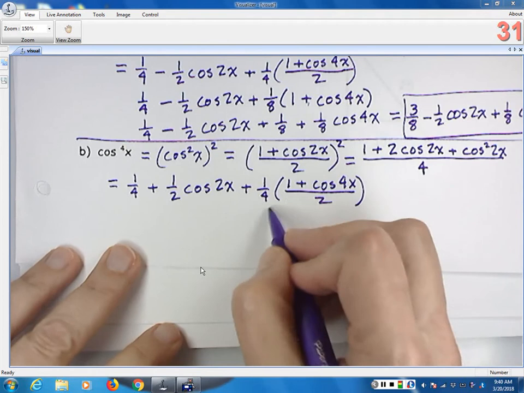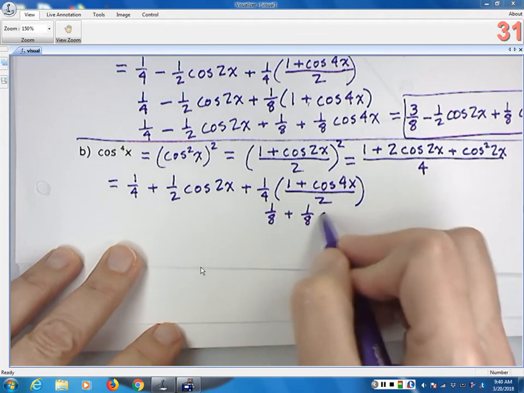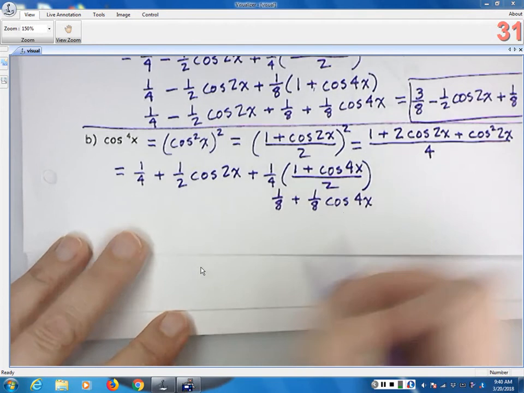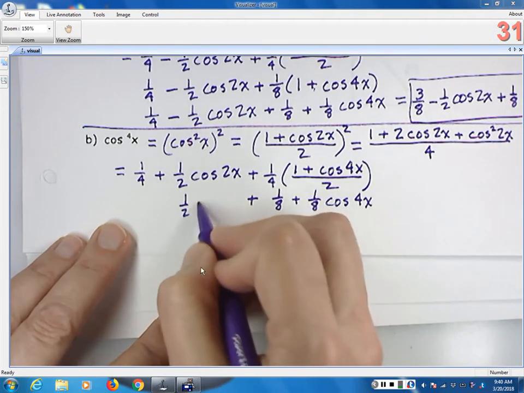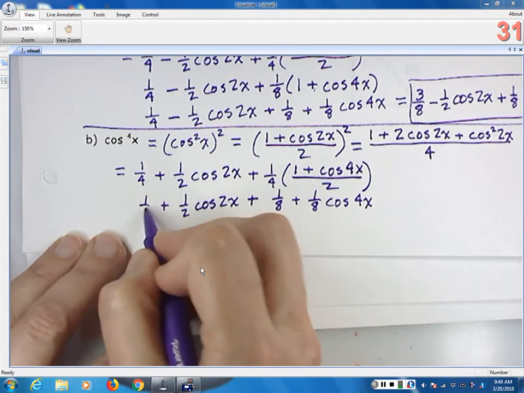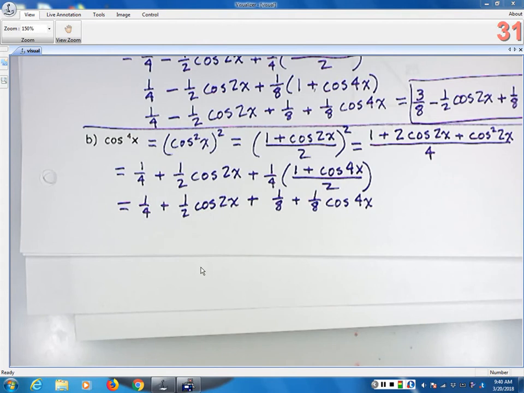So you get 1/8 plus 1/8 cosine 4x, cosine 2x plus a 4th.